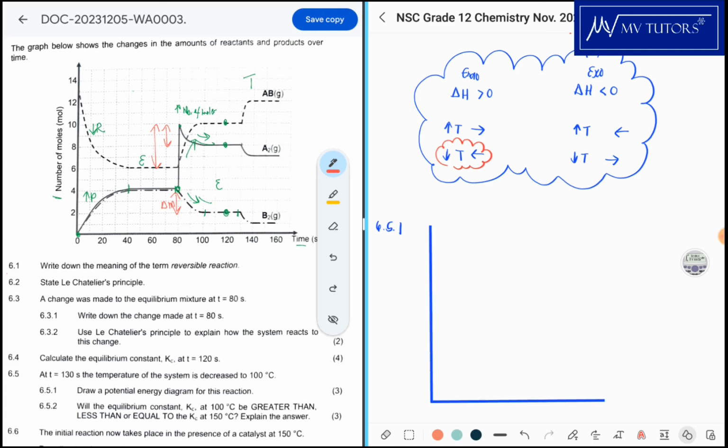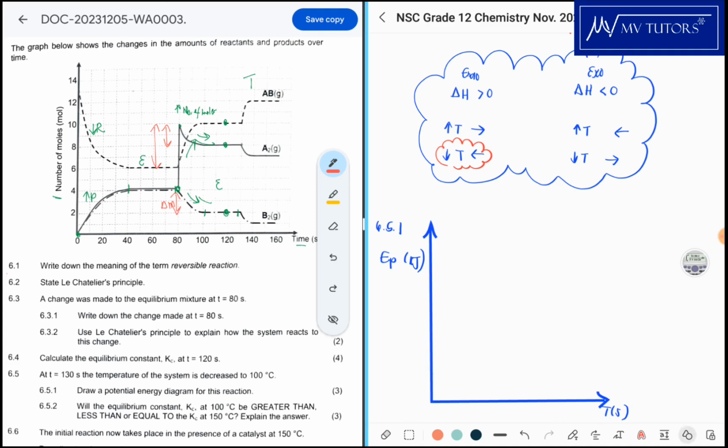With an endothermic scenario, we have potential energy on the y-axis. I'm just going to say EP, and that's in kilojoules. And then we have time over here. We're just going to say that's in seconds. And then we can draw the graph.